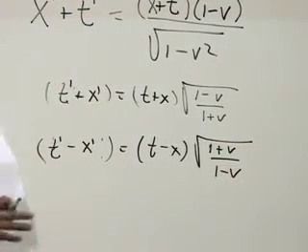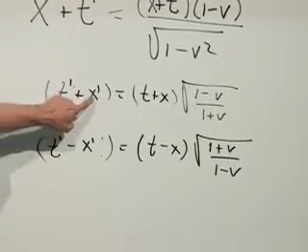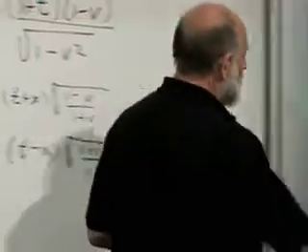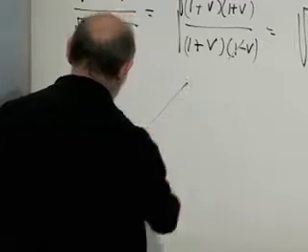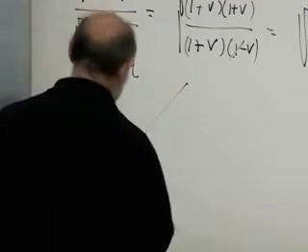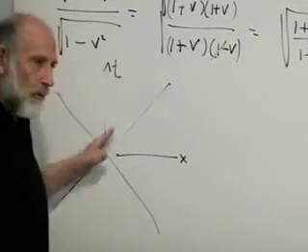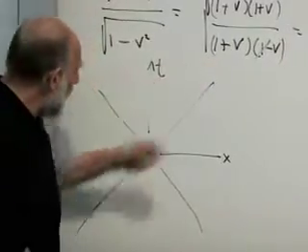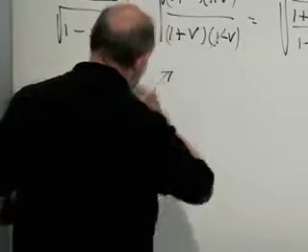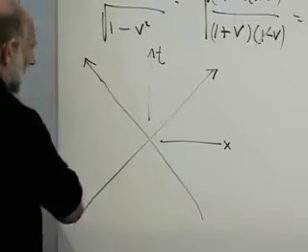Instead of working with x and t, I've worked with new coordinates, x plus t and x minus t. You know what you can think of those as? If this is t and this is x, and 45 degrees, remember, represents the motion of light rays, then x plus t is a coordinate along that axis, and x minus t is a coordinate along this axis.